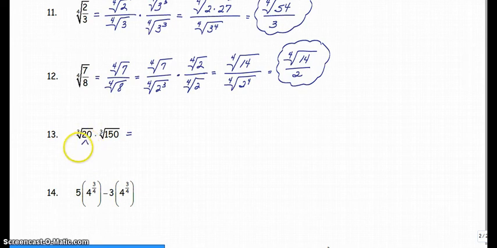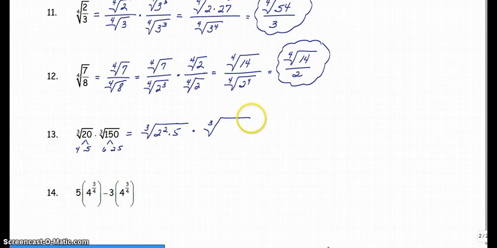So I would look at the 20 and I would say 20 is 4 times 5, and I know that 150 is 6 times 25. So I'm going to rewrite the 20. I don't want 4, I want it in prime factors, so I'll do 2 squared times 5 times, and then I'd have the cubed root. 6 is 2 times 3, and 25 is 5 squared.